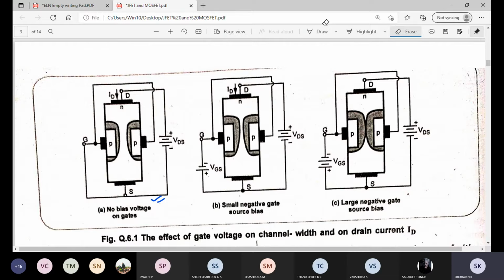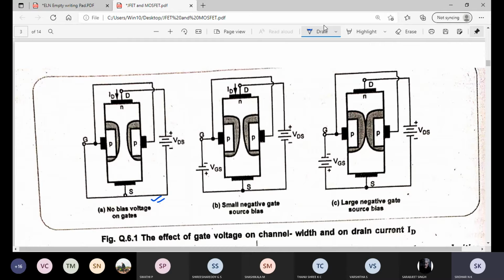What are the majority charge carriers in this N region? Can anybody tell? Please someone respond.